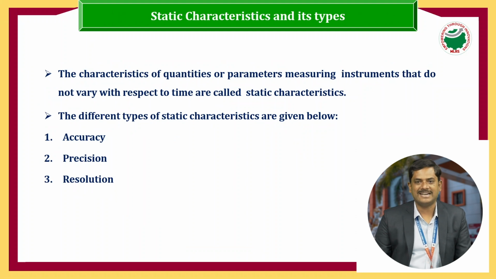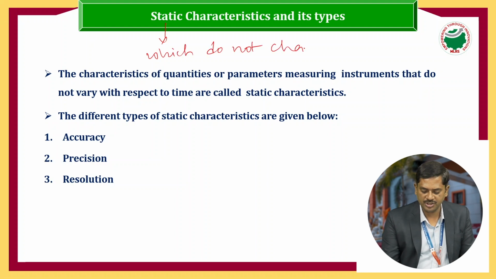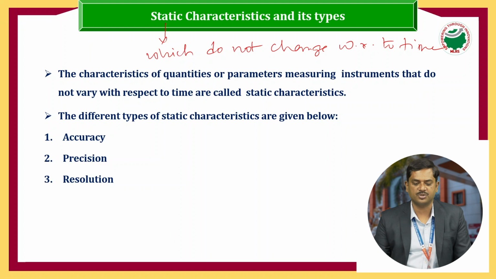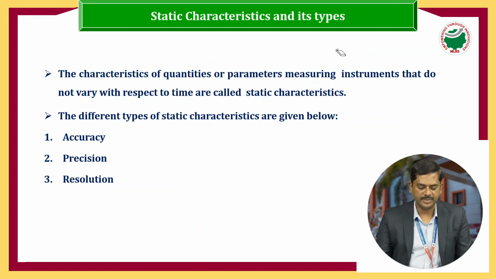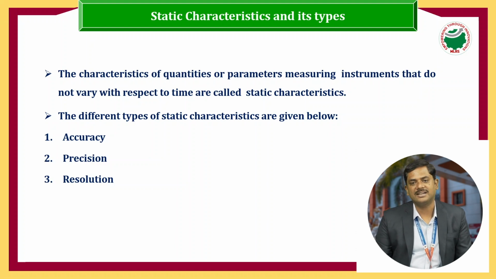So coming to the static characteristics, static means which does not change with respect to time. So any parameter which will not vary with respect to time is called static characteristics, right? So we'll look at the different types of static characteristics that are used in the measuring system.